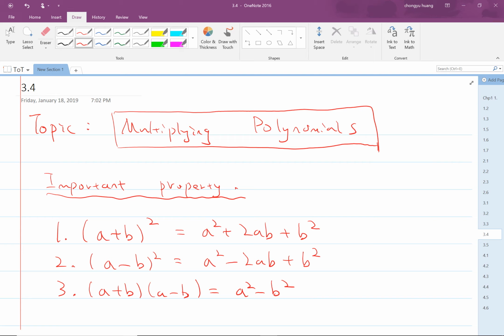And then property 2 is (a minus b) to the power 2, which is equal to a squared minus 2ab plus b squared. And finally for property 3, we have (a plus b)(a minus b), which is equal to a squared minus b squared.